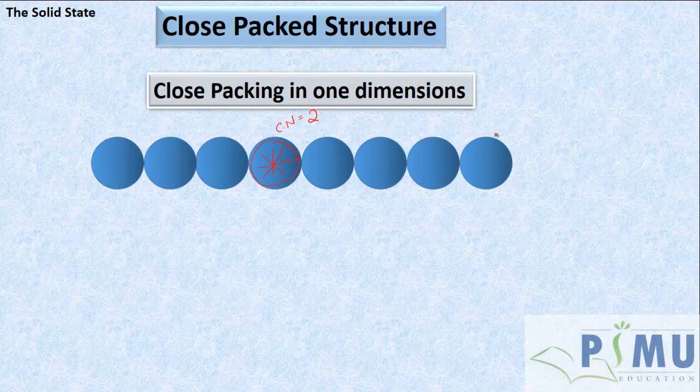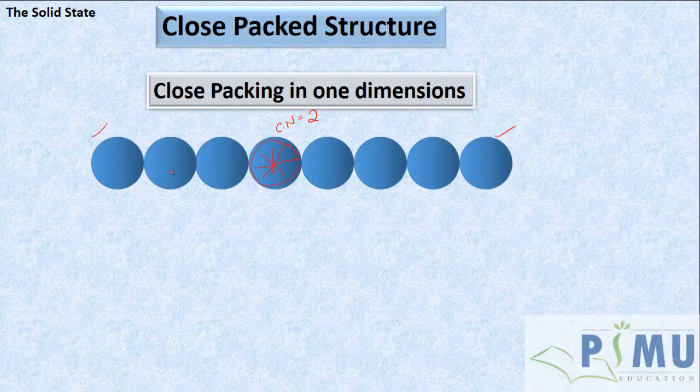Then you may ask, what about these 2 particles? Is the coordination number of this particle 1? No. Students, in close packing or in any crystalline solid structure, we don't consider the particles present at the surface.